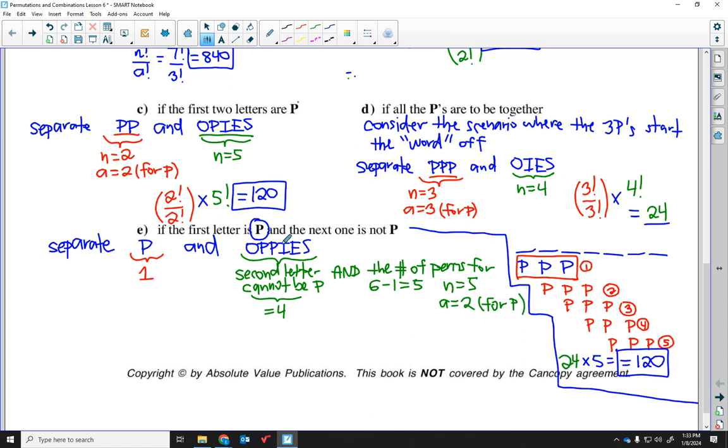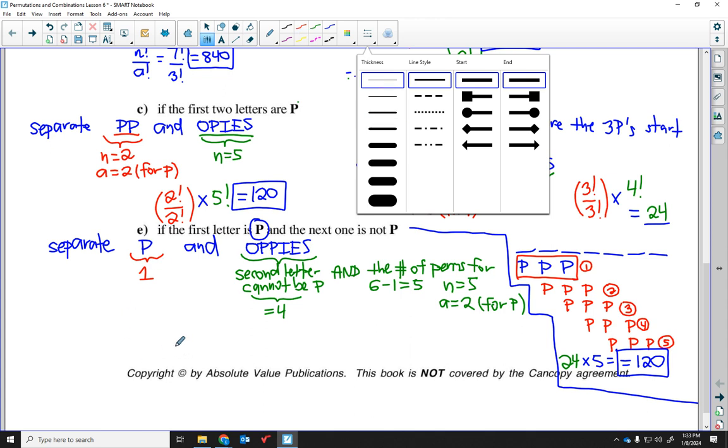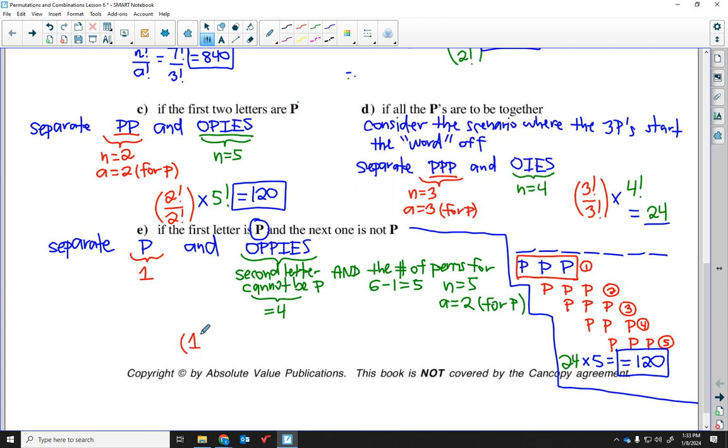Okay, that's enough information now to actually perform the calculation. So what this would be equal to is the number of ways I can arrange a single P on its own, which is 1, multiplied by the number of letters you could put in the second spot that is not a P. Again, we have 1, 2, 3, 4 letters available from this group right here.